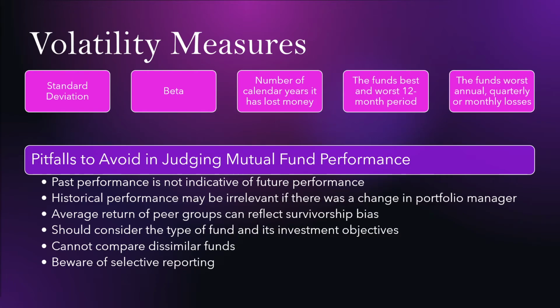And also, average return of peer groups can reflect survivorship bias. A lot of mutual funds calculate their average return and compare it to other mutual funds in that category, so mutual funds that invest similarly to them. However, this comparison can reflect survivorship bias, which means that mutual funds that have performed well have stayed relevant. They haven't vanished.